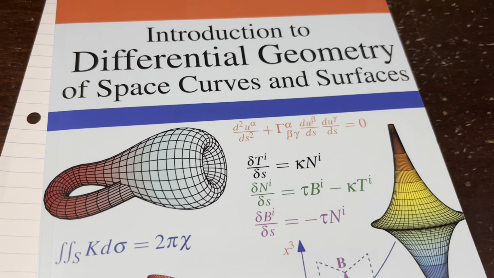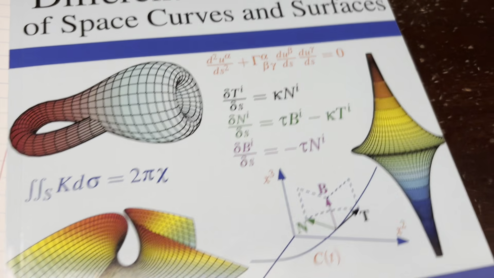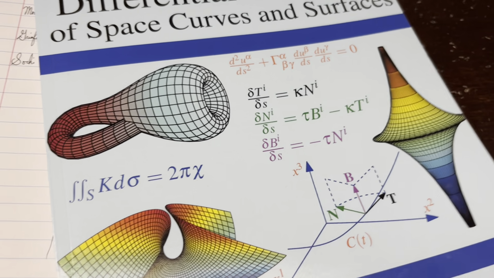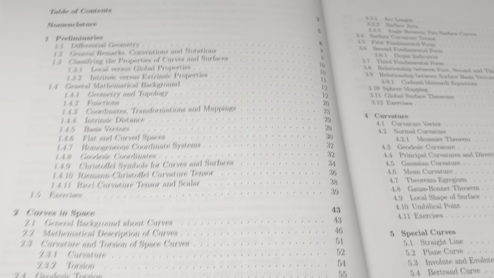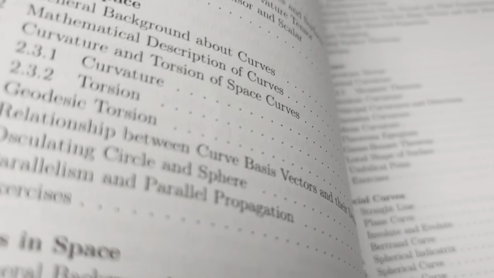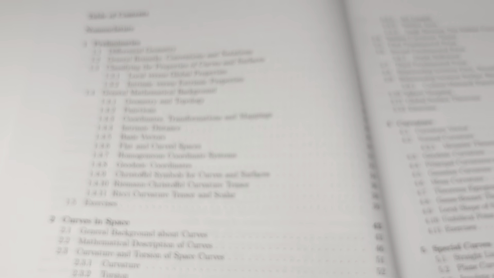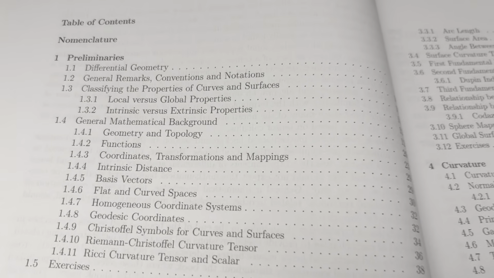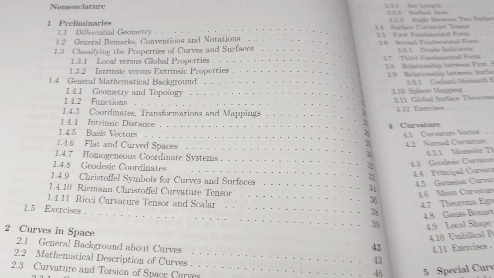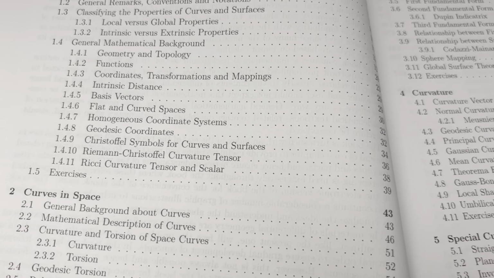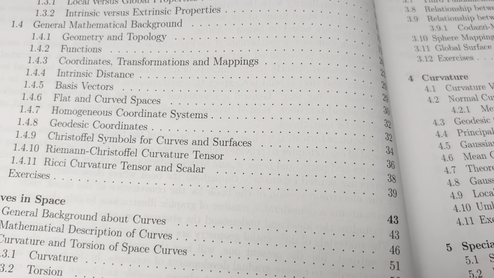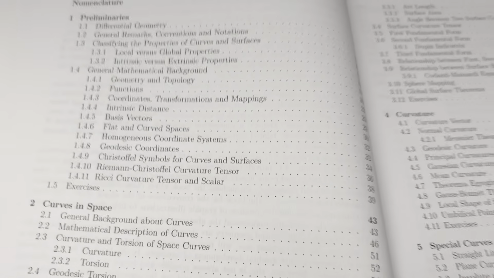Introduction to Differential Geometry of Space Curves and Surfaces. And this one covers very similar content to Tapp and Carmo, but it's from the perspective of tensor calculus. I don't think Tapp or Carmo mentioned tensors once in their books, to be honest. Actually, Carmo mentions tensors in the Riemannian geometry book, but that's a different book.